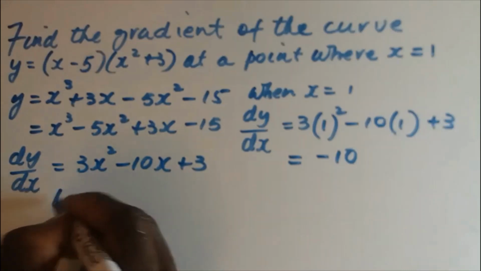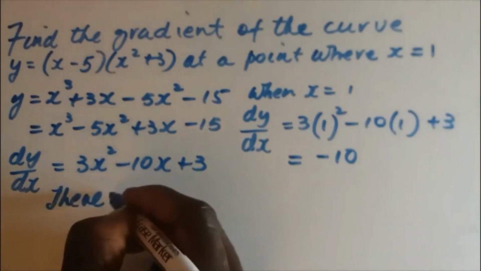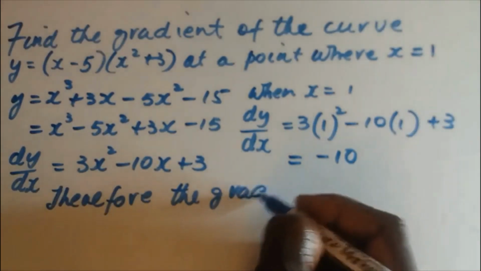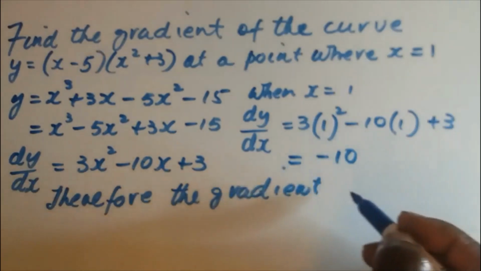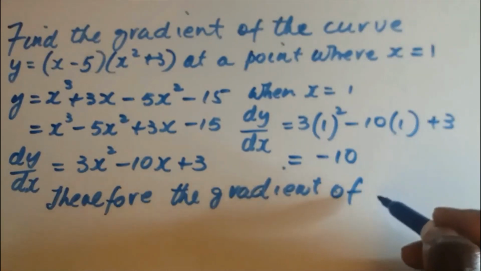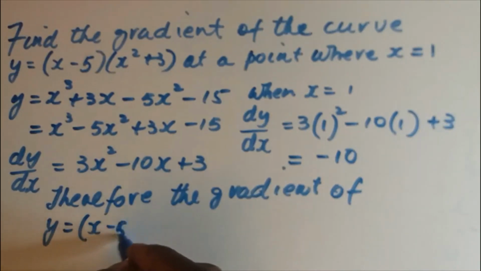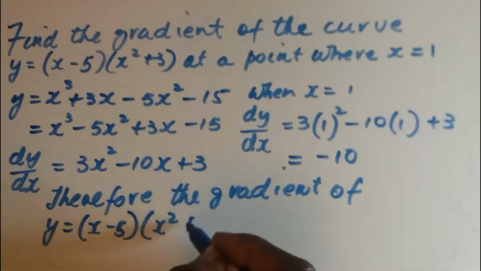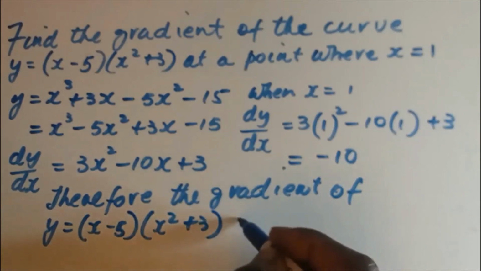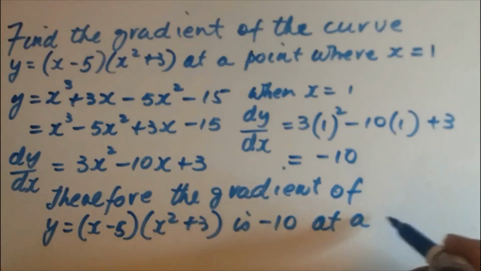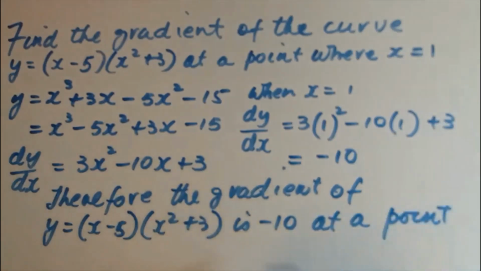So we can say, therefore, the gradient of the curve y is equal to x minus 5 bracket x squared add 3 is minus 10 at a point where x is equal to 1.